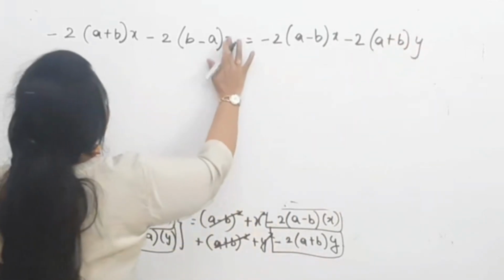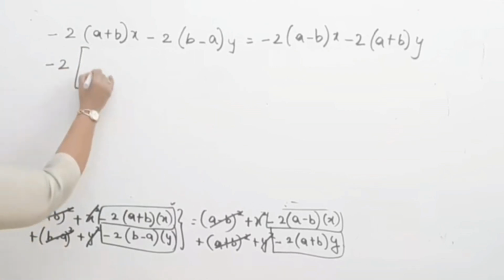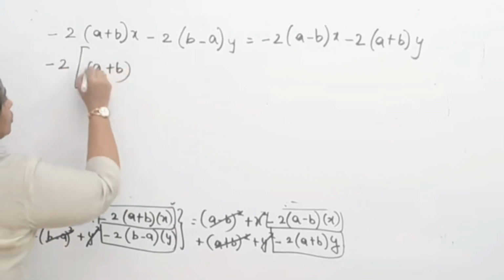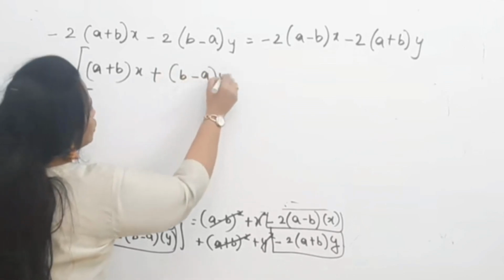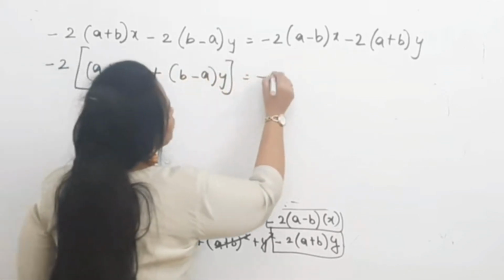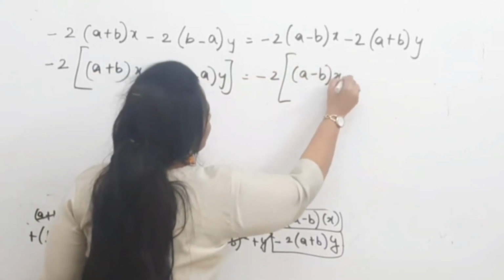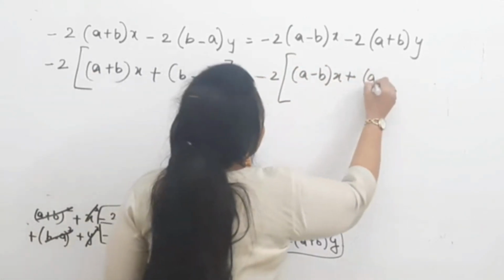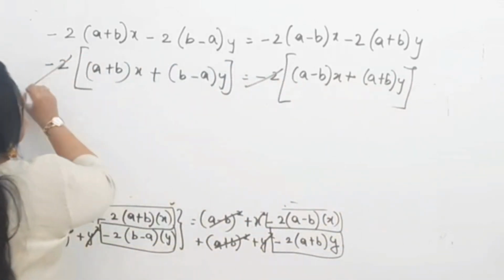So this becomes my equation where I could see minus 2 is common throughout. So I would take minus 2 outside. So a plus b into x plus b minus a into y is equal to minus 2 into a minus b into x plus a plus b into y. So now this gets cancelled.